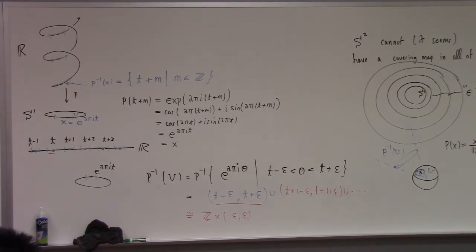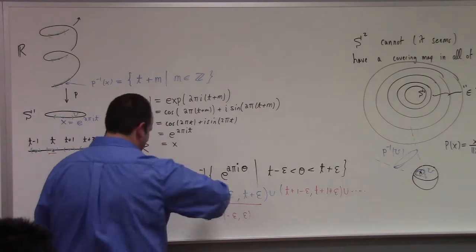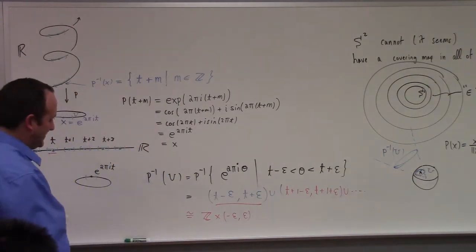Up to homeomorphism it's the integers, and that's still a slight abuse. It needs to be a curved version of this to be most direct. I don't know, what's the best way to write this?